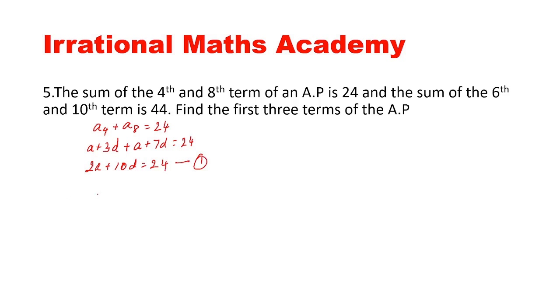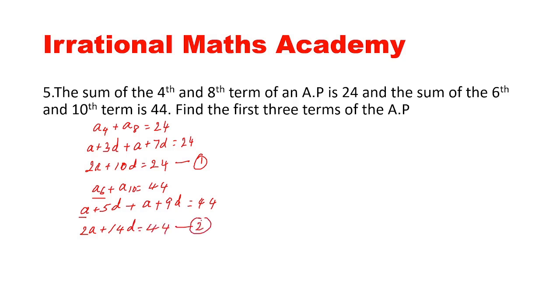Next, the sum of the sixth term and 10th term is 44. A6 means A plus 5D, plus A10 means A plus 9D, equal to 44. This A and this A becomes 2A, 5D plus 9D, 14D equal to 44.